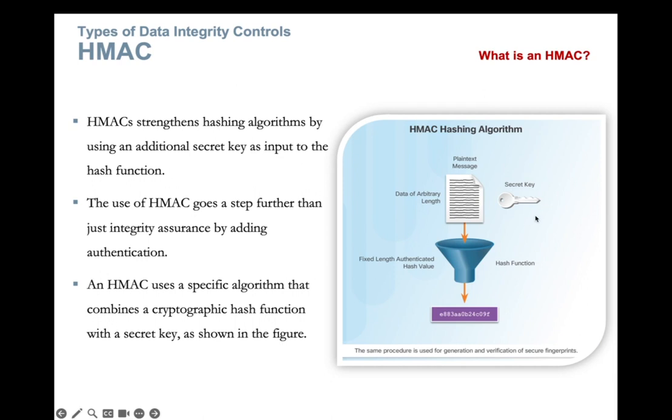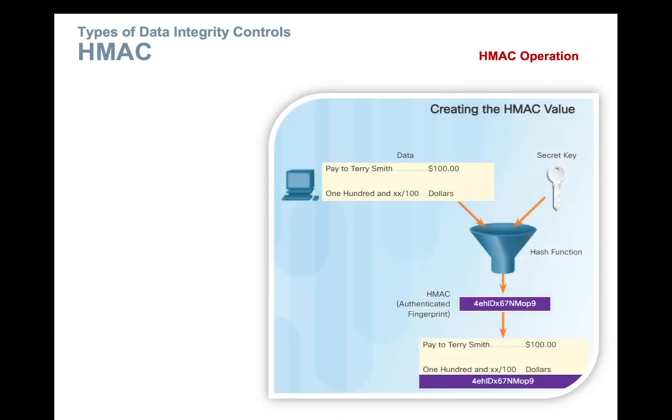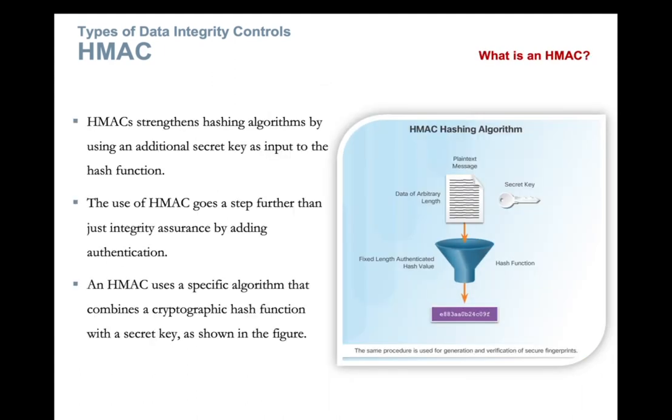So only parties who have access to that secret key can compute the digest of an HMAC function. This characteristic defeats the man in the middle attack and provides authentication of the data origin.